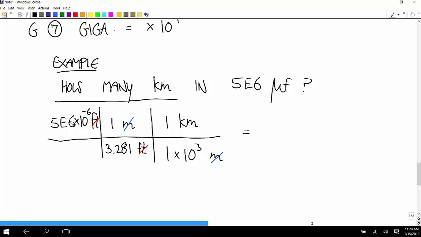This here is just 5, and then just divide by those two. 5e6 means 5 times 10 to the 6th times 10 to the minus 6.